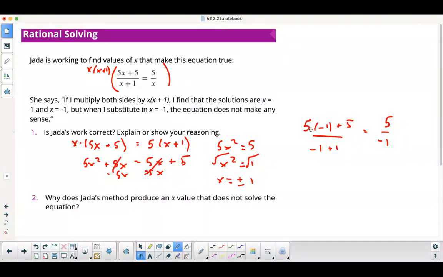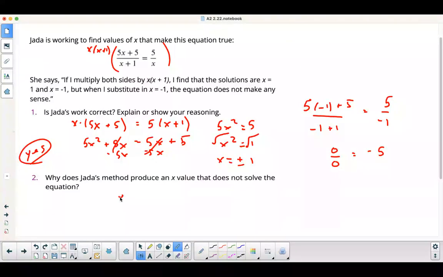This gives me negative 5 plus, I get 0 over 0 equals negative 5. That doesn't make any sense. I think she's right. So I'm going to say yes, she is correct. And then here's all my work. So why does Jada's method produce an x value that does not solve the equation? So we learned this word earlier.